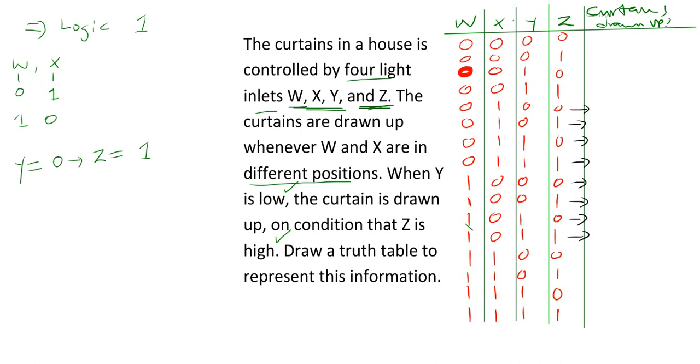At this point, the condition for W and X is met, and the condition of Y is also met, which is 0, meaning low, but Z is 0, meaning the curtain will not be drawn, because where Y is 0, we expect Z to be up.